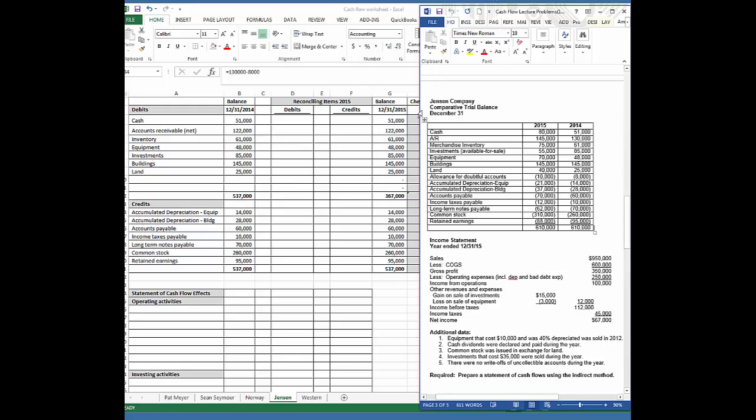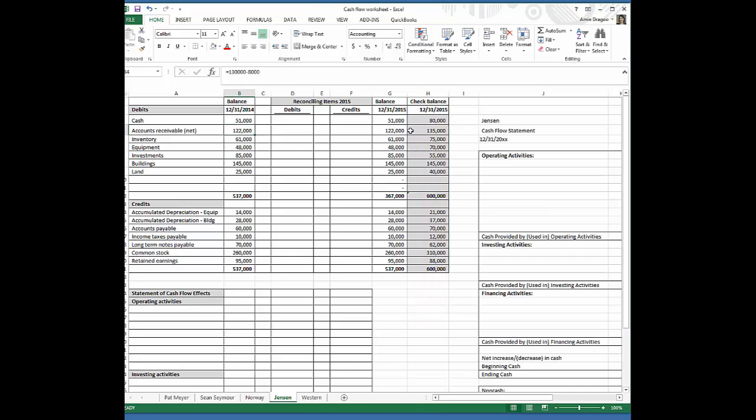So the ending balance for accounts receivable is going to be 135 by taking the ending balance minus the allowance for doubtful accounts. So the easiest and quickest, most efficient way to handle accounts receivable is to show it as a net number in the debit section. Otherwise, all the debits and the credits are divided up. One more reminder is that you won't have any negative balances in this worksheet.